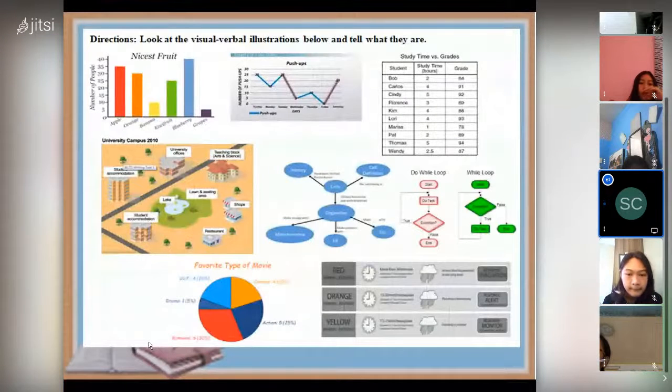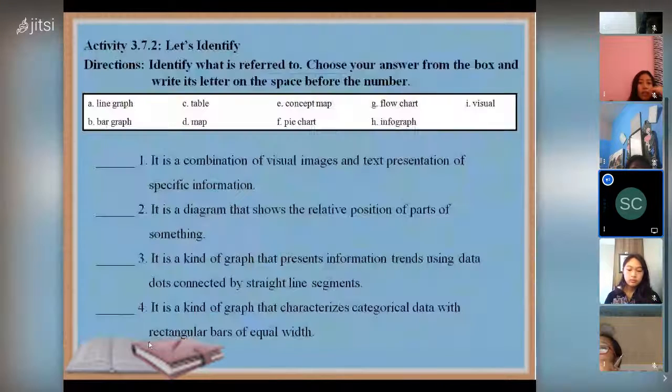Where is the infograph? The one with red, orange, yellow. Okay. Now, in the description, it says it is a combination of visual images and text presentations of a specific information.